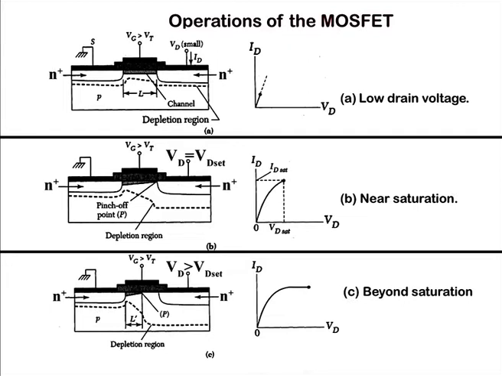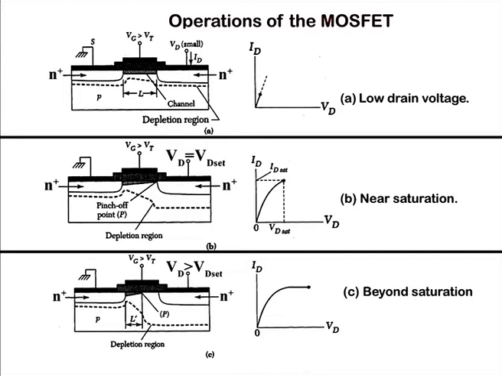and suppress the channel near the drain. So, now we will reach the pinch off point. At the pinch off point there is no channel at the drain side, only the channel on the source side, where it is at a minimum. Now the current will saturate, and this current is called the saturation current, and the voltage is the VD saturation voltage.